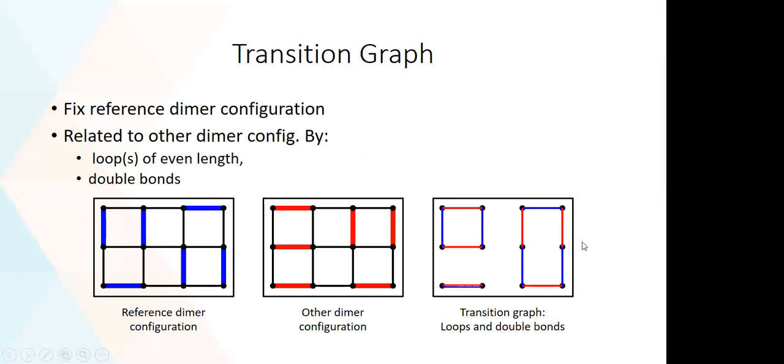Yes, it's guaranteed to be closed because each site is connected to two dimers, one in each dimer configuration. If your graph has a non-trivial topology, you might have non-contractible loops. Here in this picture, all the loops are contractible, but still it's a closed loop.